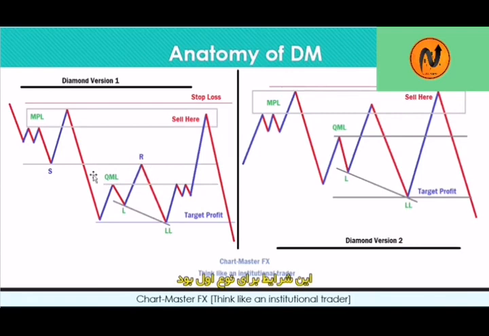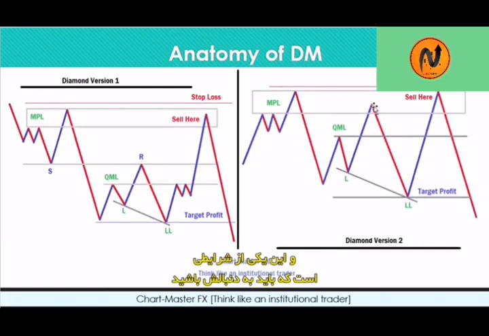So this is version number 1, guys, and in version number 2 we have an MPL here. On this one, you can see that when the price dropped, it came and created a QM level here. Once the price created a QM level, it went on to create a higher high. This higher high was created inside the MPL area.